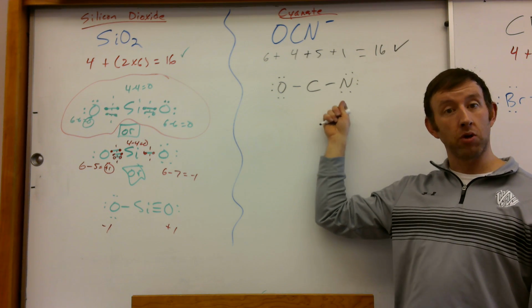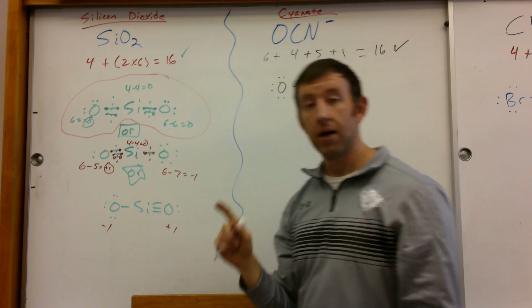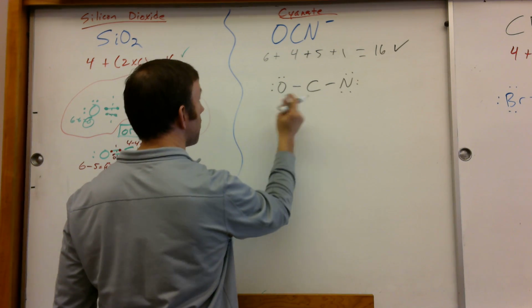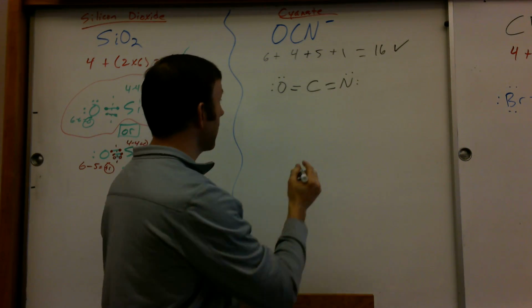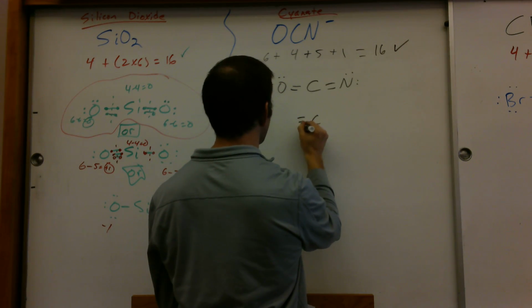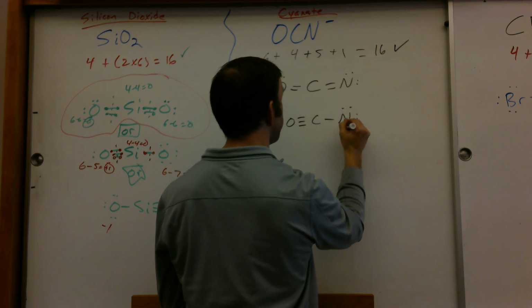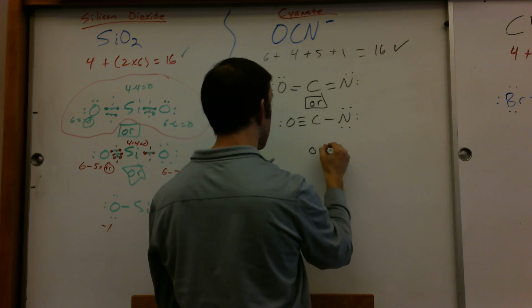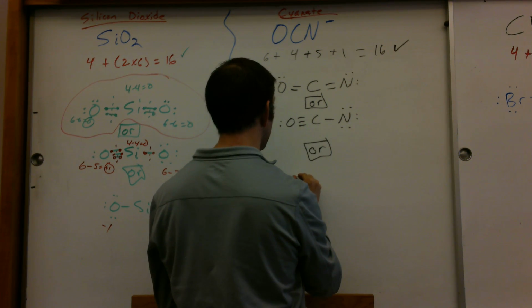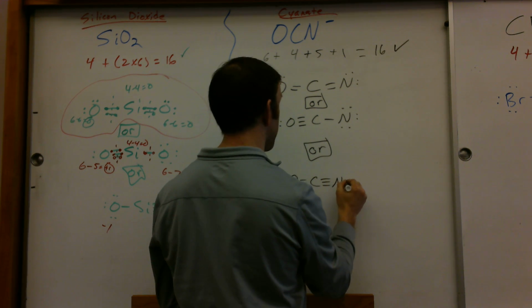And you should be noticing that I can do that in 3 different ways. All right? So I can do so with 2 double bonds. That works. Okay? I can do so with a triple bond with oxygen and a single bond with nitrogen. Or I can do single bond with oxygen and a triple bond on nitrogen.